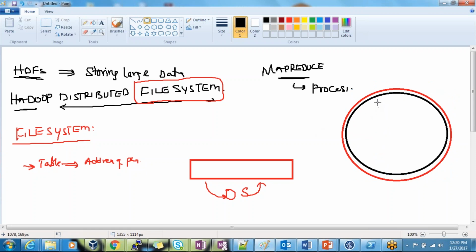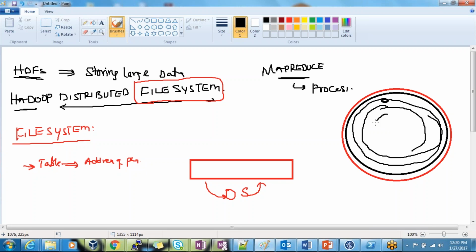And you can draw one more track. So let me draw it here. You'll be having some tracks like this, and you'll be having a read and write head, right?